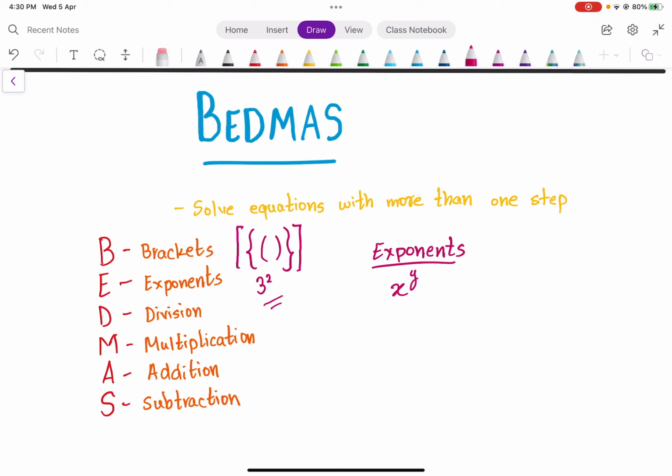So our case was 3 with 2 as our exponent. This is 3 raised to the power 2. If it was 3 with 3 as our exponent, this would be 3 raised to the power 3.